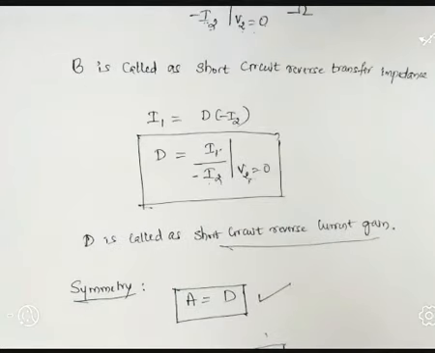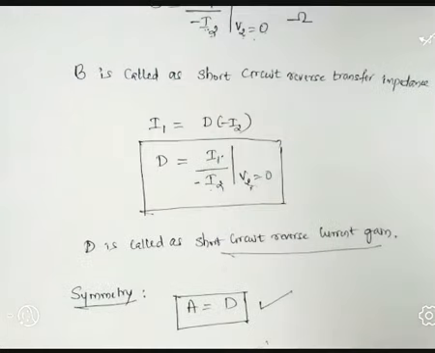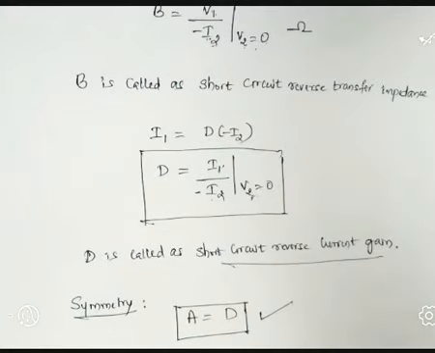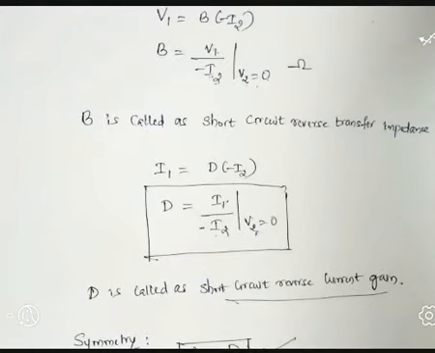Now we will move on to numericals on these two port parameters. One simple example we will take, and we will discuss how we are going to calculate ABCD parameters for the given network.